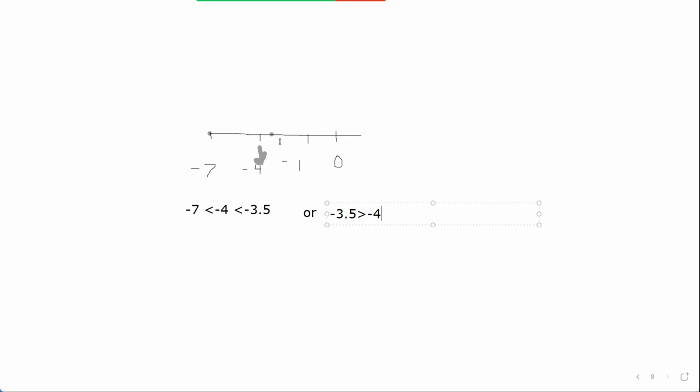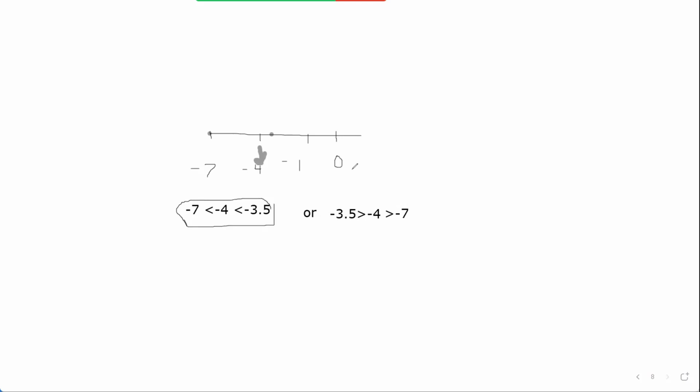And -4 is greater than -7. It's just that she's never written it like that in the key. By convention, we write it with the smallest number first, and that's what she's done on every other problem.